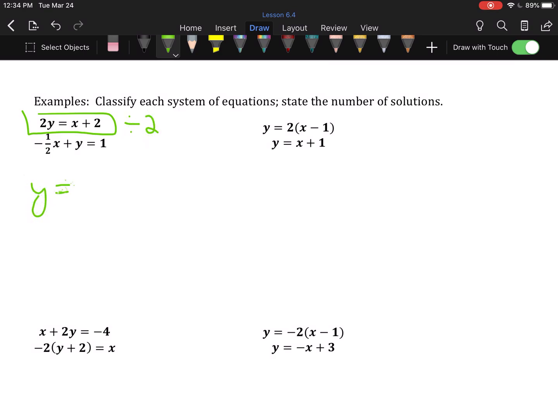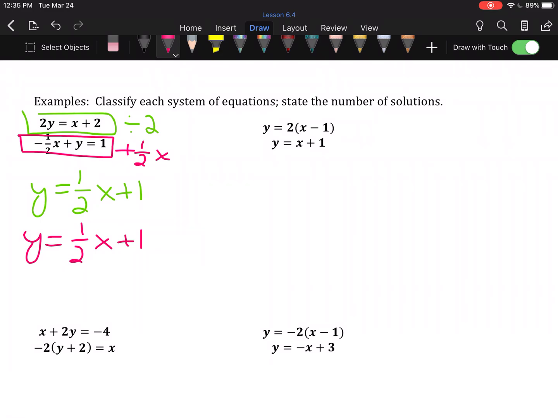That gets me y equals 1/2 x plus 1. For the bottom equation, which I'll do in reddish, I'm going to add a half x to each side. So I get y equals 1/2 x plus 1.